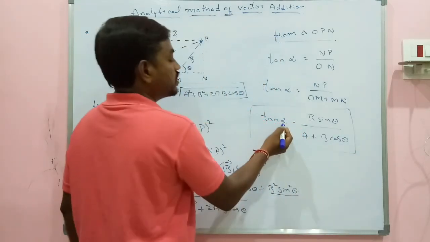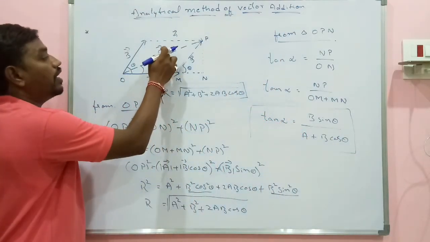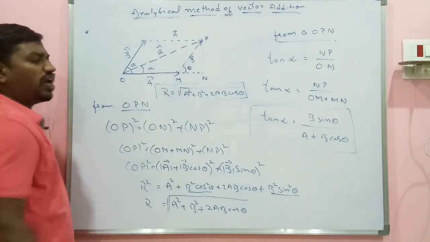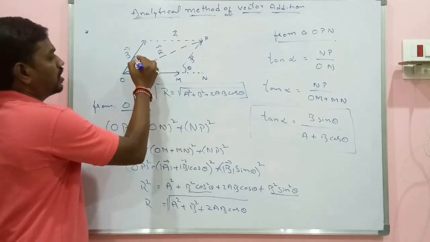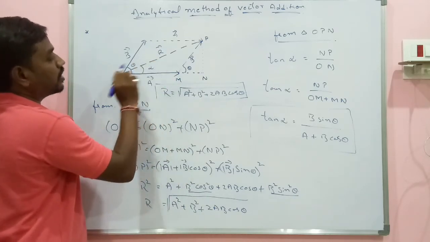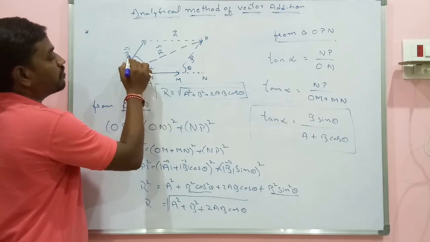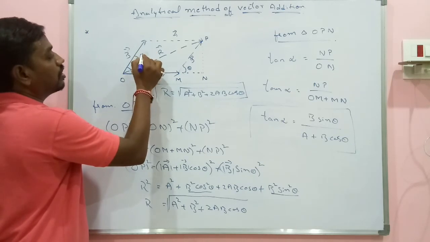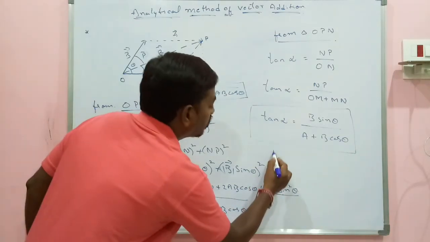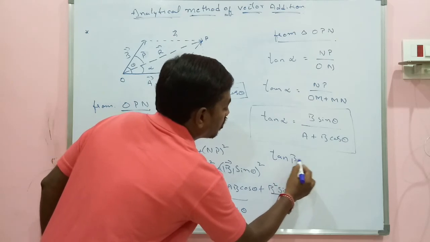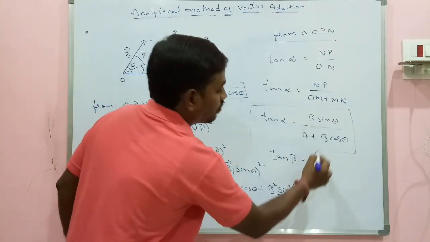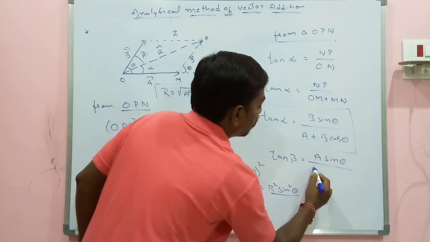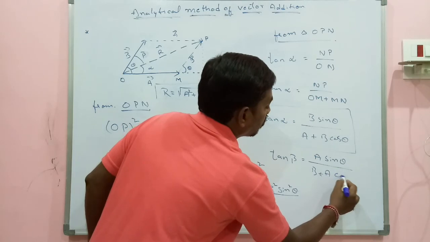Remember, here alpha is the angle made by R with respect to vector A. Suppose you have another angle given in the problem, and they may ask you to calculate beta, where beta is the angle between vector B and vector R. Beta, I can write tan beta will become, in place of B you write A sin theta by B plus A cos theta.